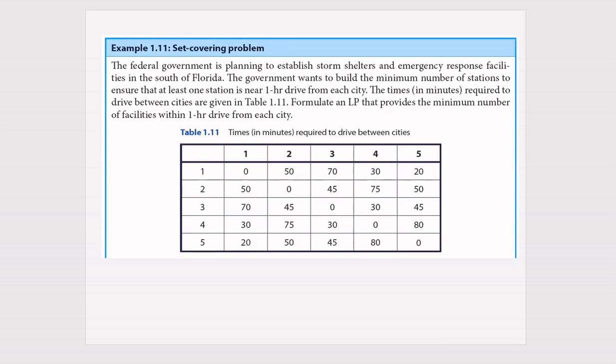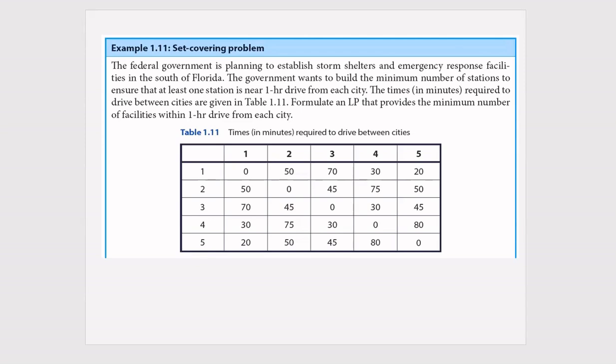So what is a trivial, what's a random answer you would give for this problem? Facilities. 5 facilities. We have 5 cities. Just buy 1 in each, right?